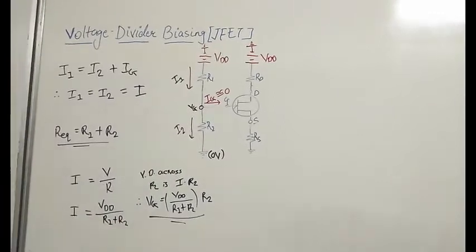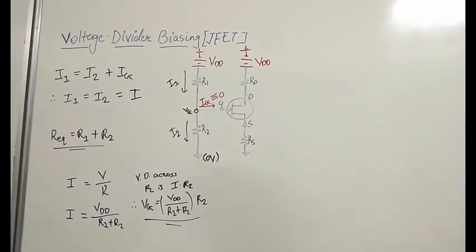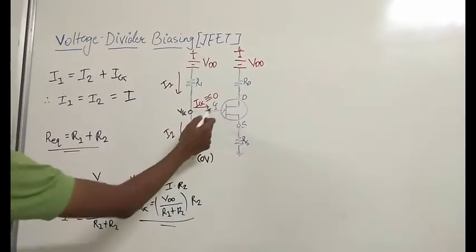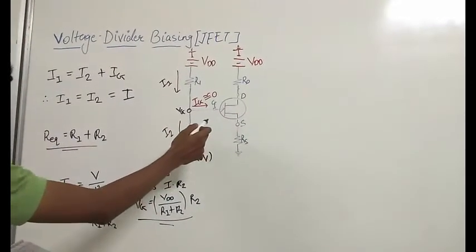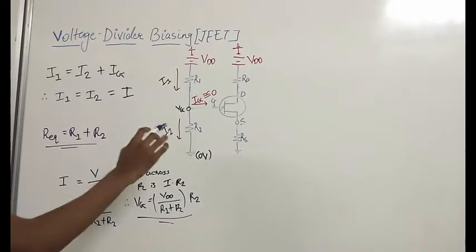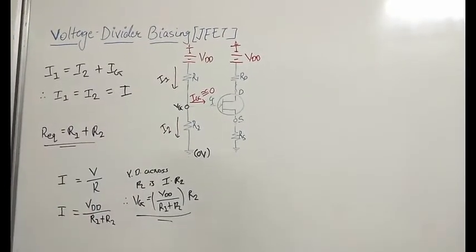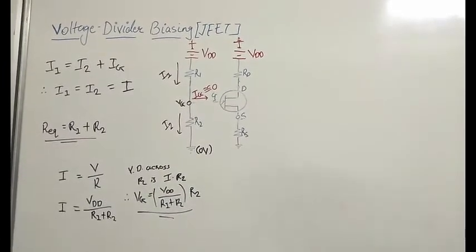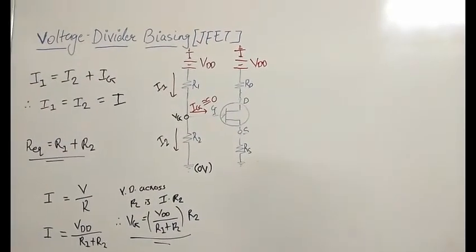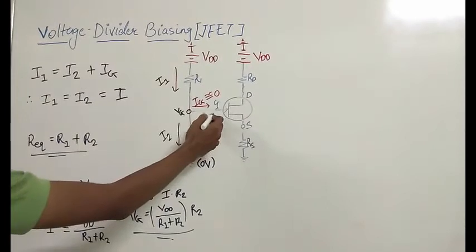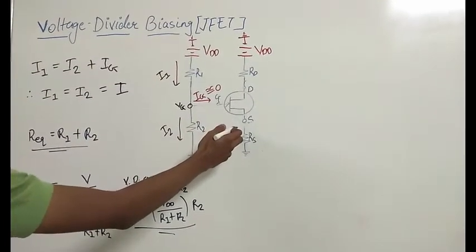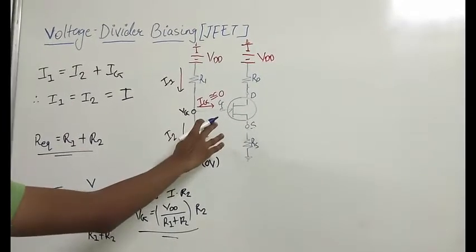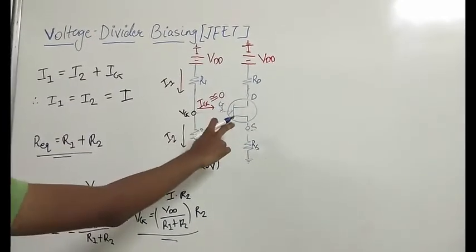So we can write that this is equal to VG. So now we will find out the input voltage VGS, and for this I will apply KVL in the input loop. So now we will find out the voltage across G and S, gate and source. This is the input voltage drop for JFET.